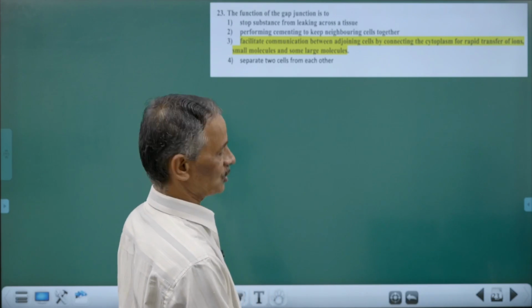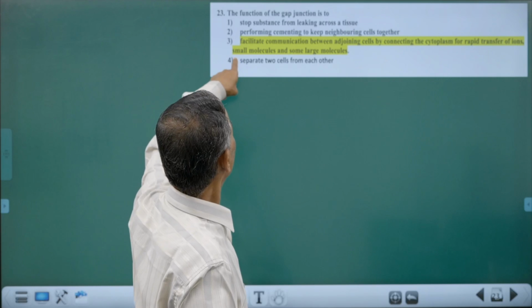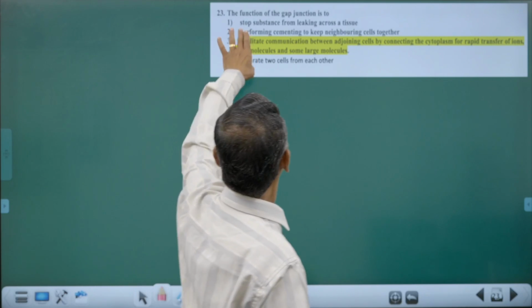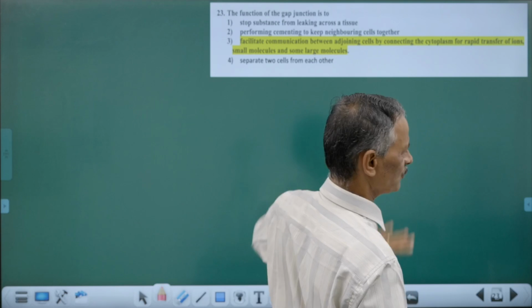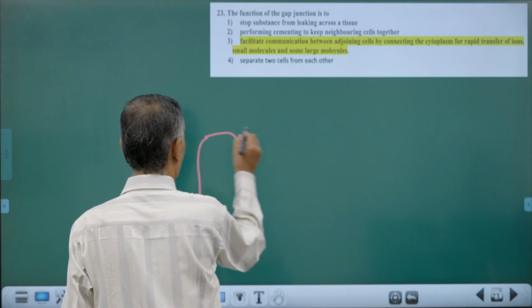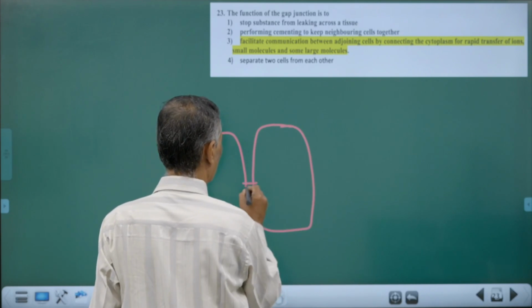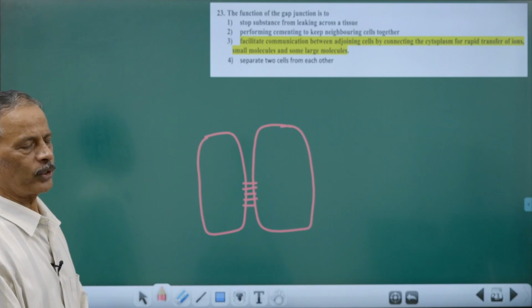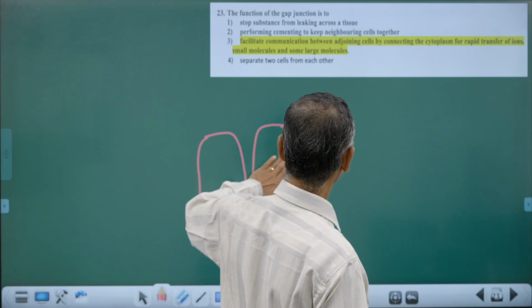Function of the gap junction. I have told you, gap junctions facilitate communication between adjoining cells. The neighboring cells are connected together by small cytoplasmic extensions through which small molecules, ions, etc. can pass. That is the gap junction.